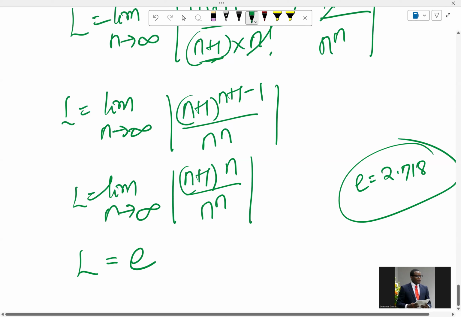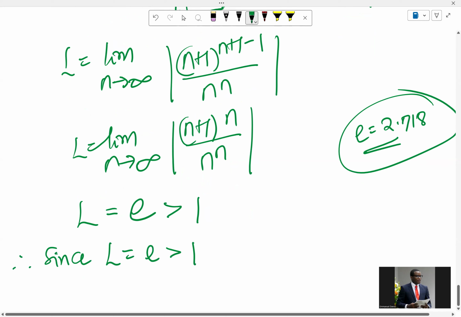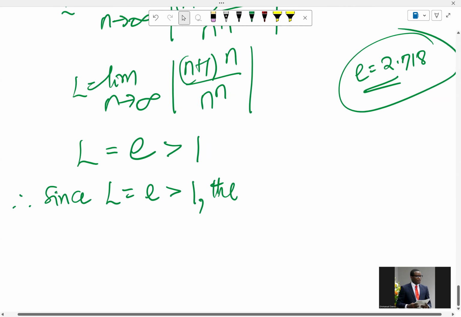That's the number you have in the exponential function. And since it's 2.718, you can see that it is greater than 1. So if it is greater than 1, you can now say, therefore, since L is equal to E and it's greater than 1, the series diverges.